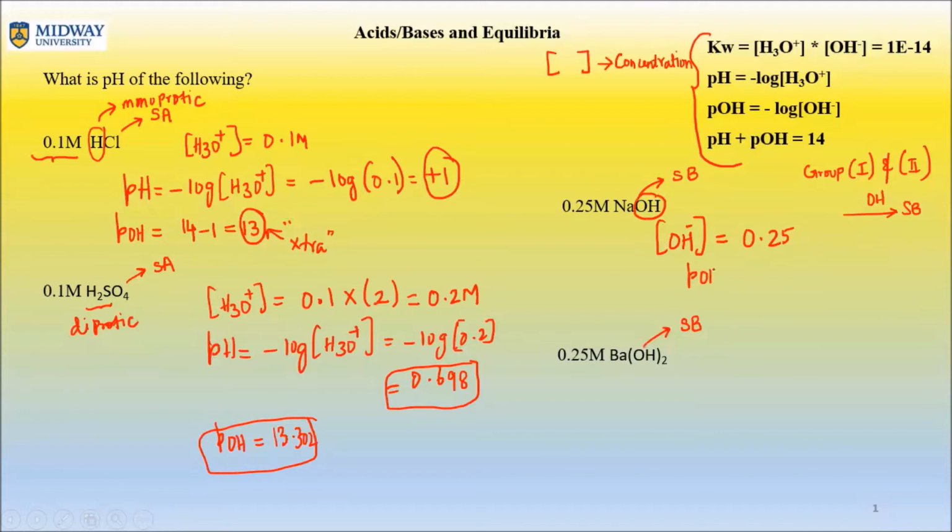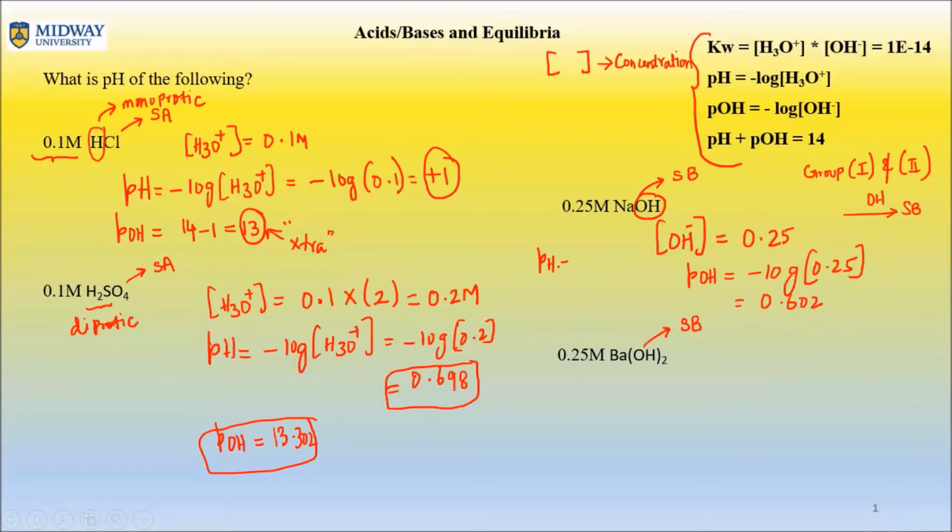As I said, it's OH minus, so we have to first find pOH, which would be negative log of 0.25, which is 0.602, but that's not what the question is asking. The question is actually asking for pH.